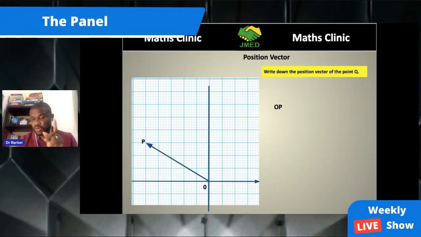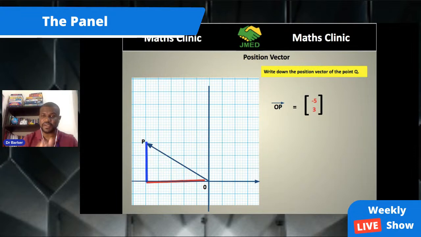Remember, we're looking for OP, and OP is negative 5, 3. So the position vector of the point P is negative 5, 3 in that bracket form. When you see a question that asks for the position vector of some point, that's how you write it.